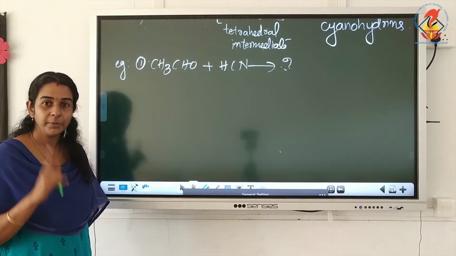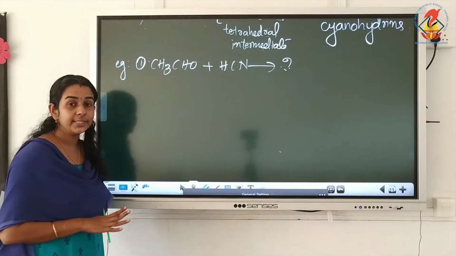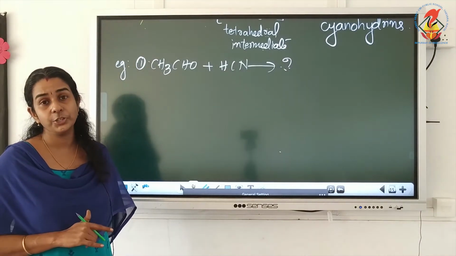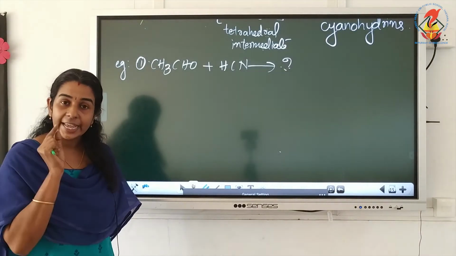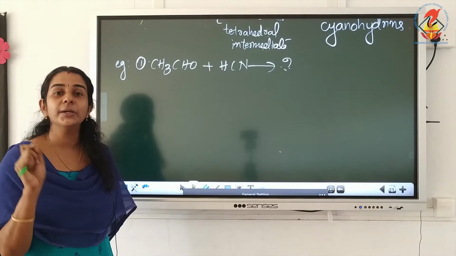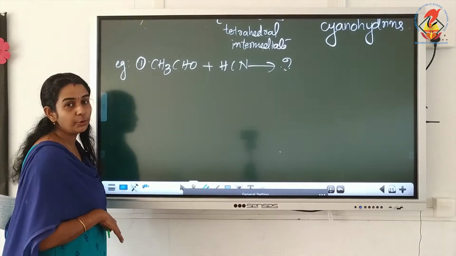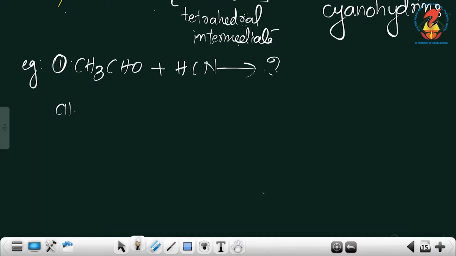So remember, whenever we study the reactions of aldehydes and ketones, always expand the C double bond O group. So we can expand CH3CHO as CH3 C double bond O H plus HCN gives.